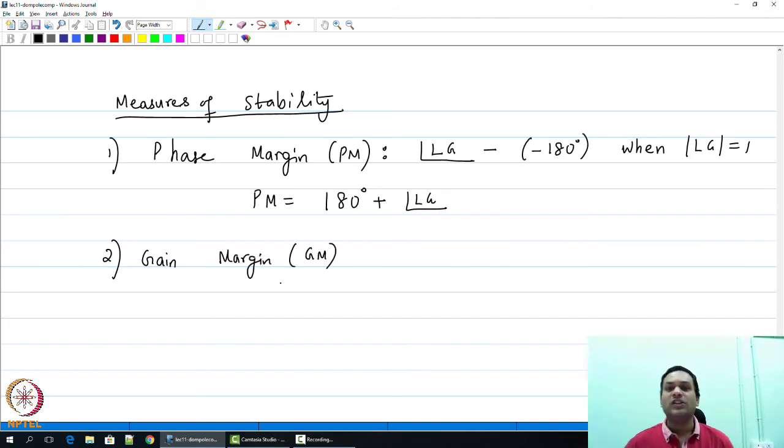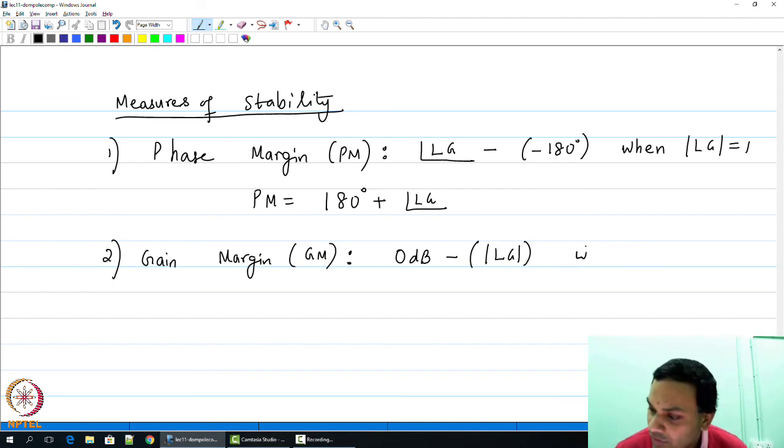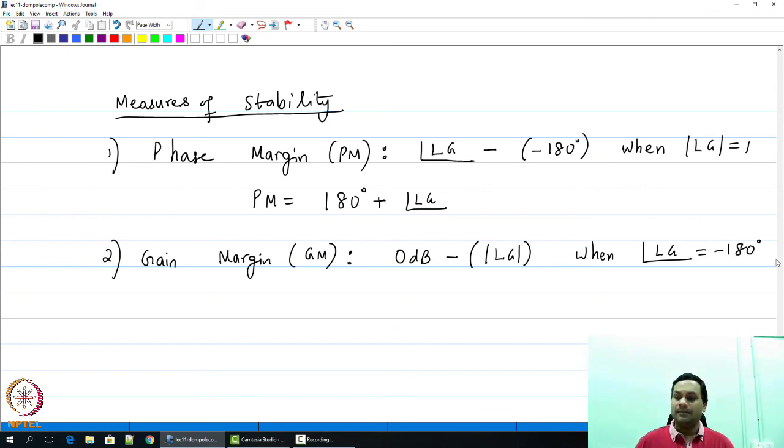I'm going to abbreviate it using GM. So this is defined as the difference between the point where the loop gain goes to 1, which is 0 dB, minus the actual magnitude of the loop gain, which is evaluated when the angle of the loop gain is minus 180 degrees.